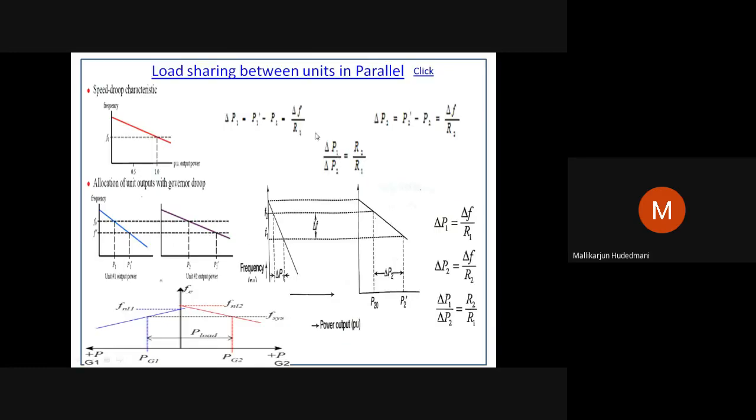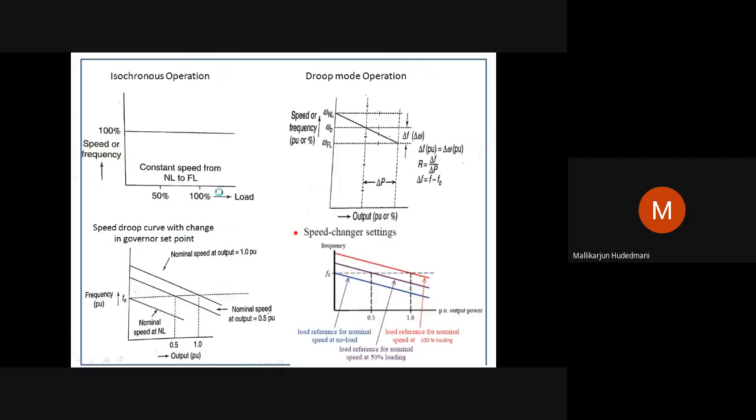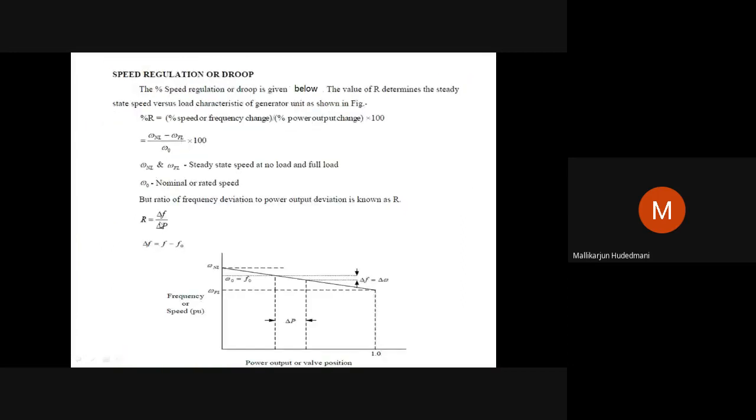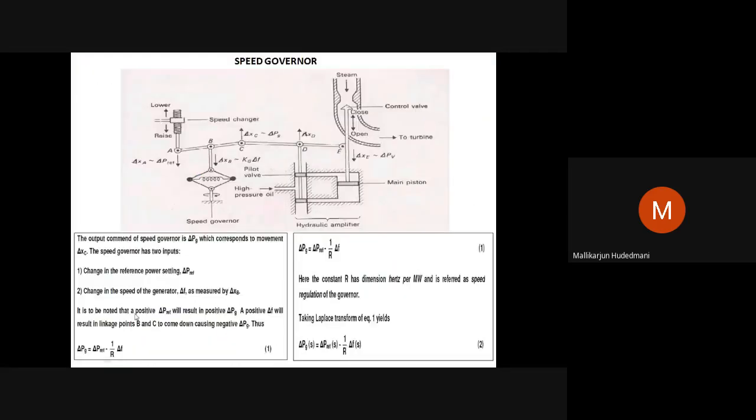If I go back, delta P, nothing but the mismatch or change in demand, is nothing but delta F by R. You can see here, delta F by R is delta P. Delta P is called the net change demanded, the net disturbance, the net change in load. That's what I am trying to connect here. So delta F by R is the demanded power against the actual reference power. The mismatch is nothing but the correction given by this.